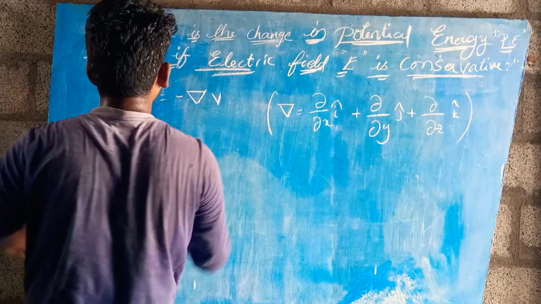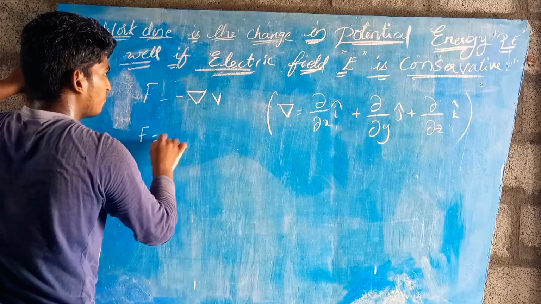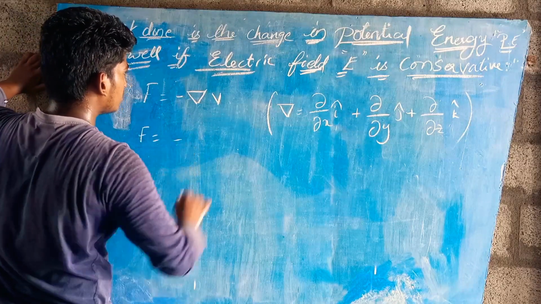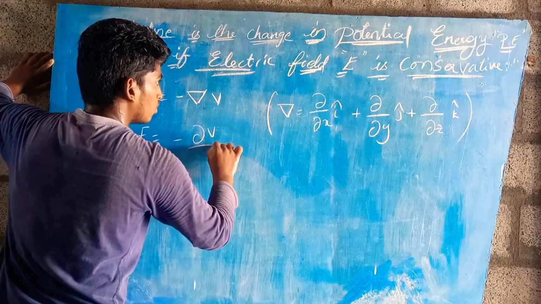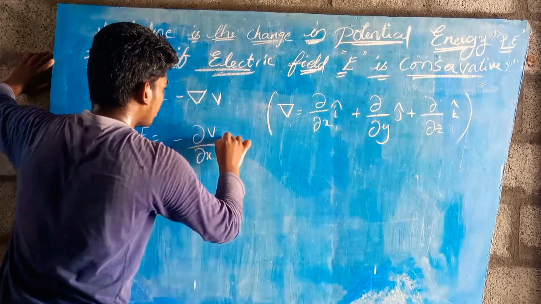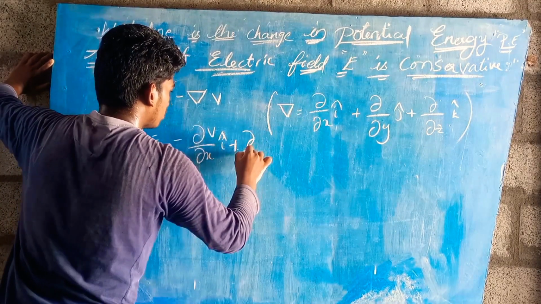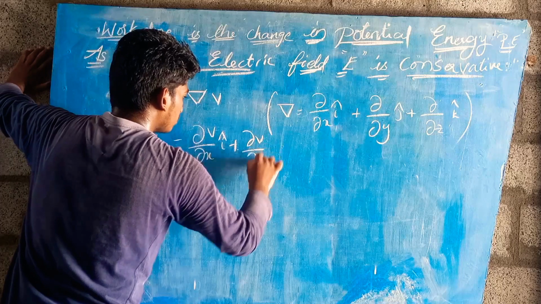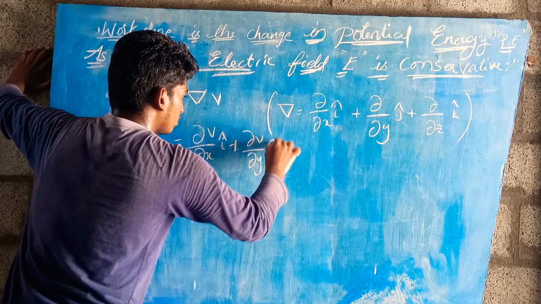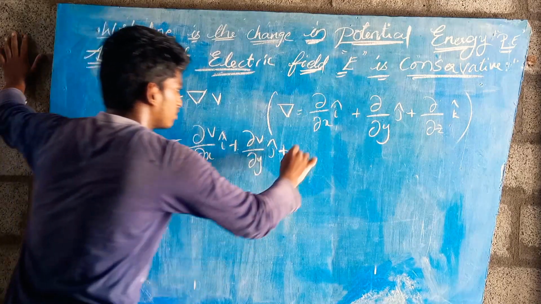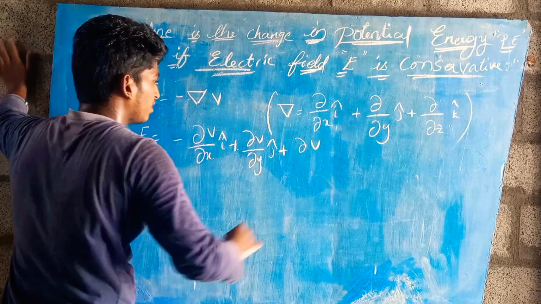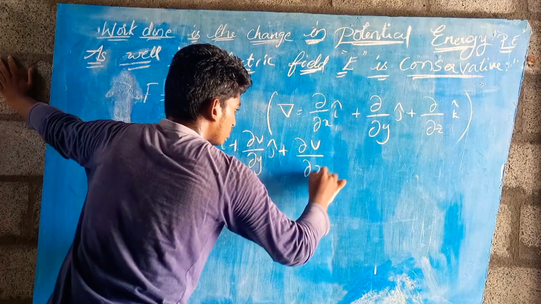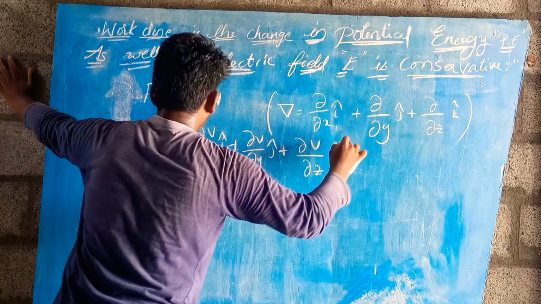Put this in here. F is equal to minus dou V by dou x i cap plus dou V by dou y j cap plus dou V by dou z k cap.